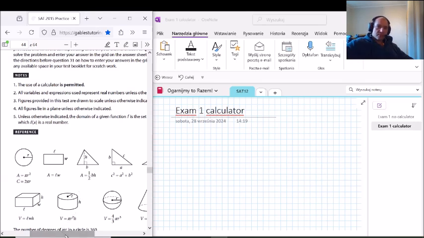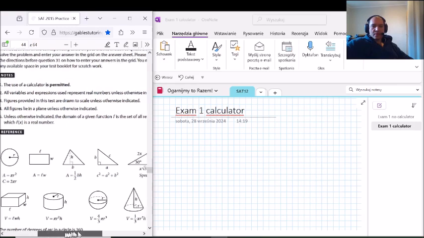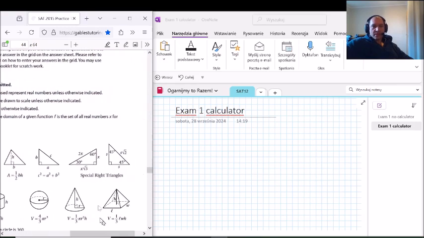Some geometric formulas like for the area of a figure, for the circumference of a circle, and also for the volume of 3D figures, and some special right triangles, the dependencies between sides, and here you have the Pythagorean theorem. So you can use this.